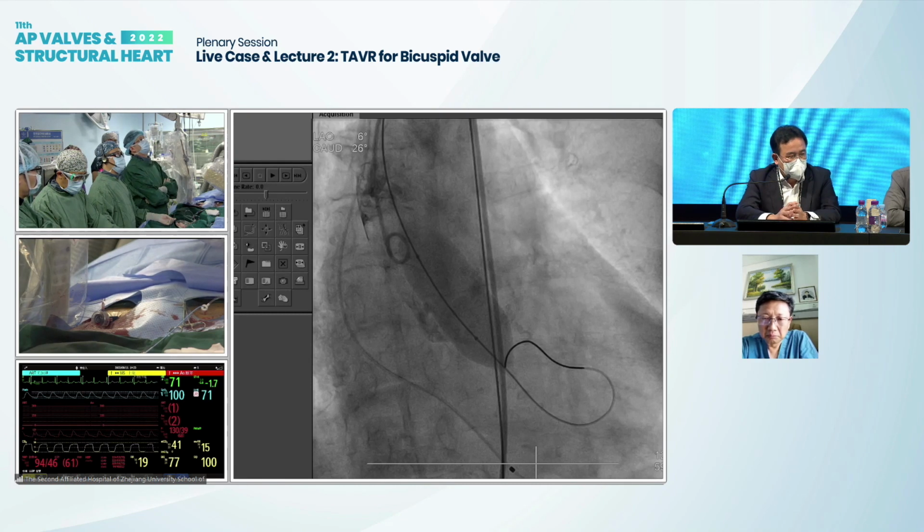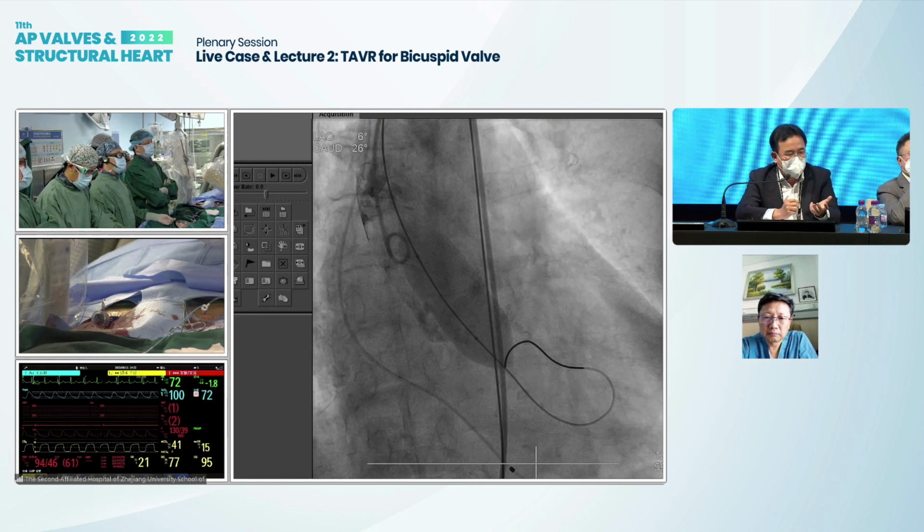First question: there is a trade-off, the radial force to seal up all the paravalvular leakage with a higher radial force self-expandable THV, and also is there any permanent pacemaker implantation rate, because there is always a trade-off between paravalvular leak and pacemaker implantation?